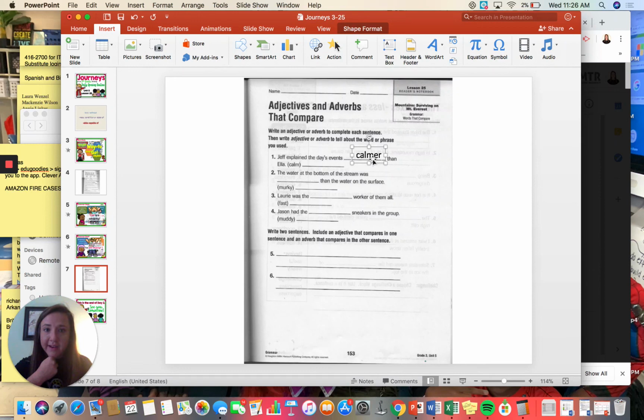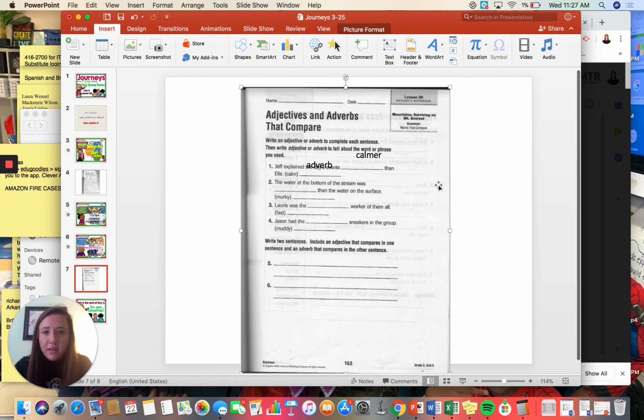Now think about what calm describes. It describes how they explained the day's events, which is an action. When we have a word that describes an action, we call that word an adverb. So we're going to put adverb in the blank.